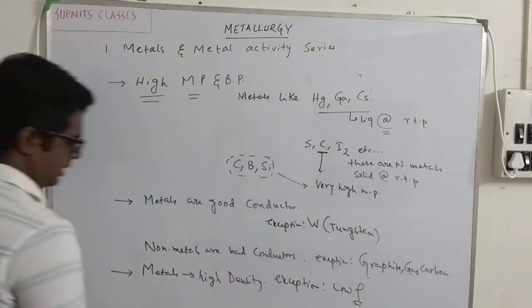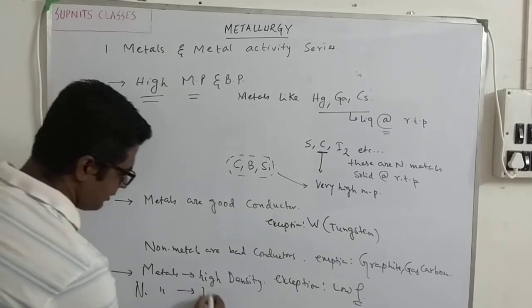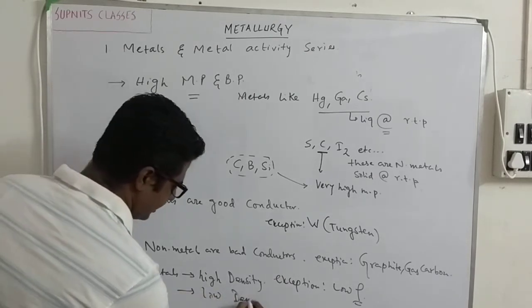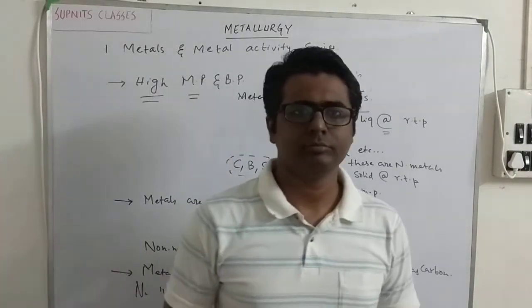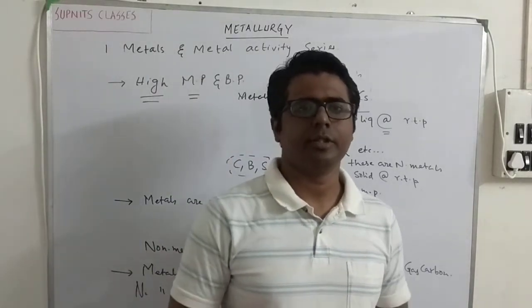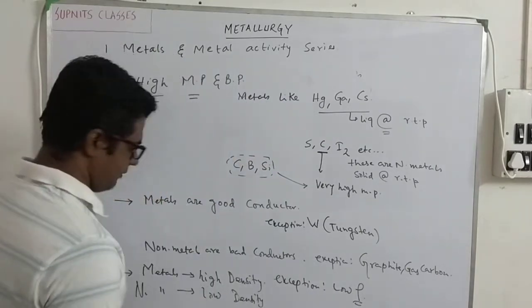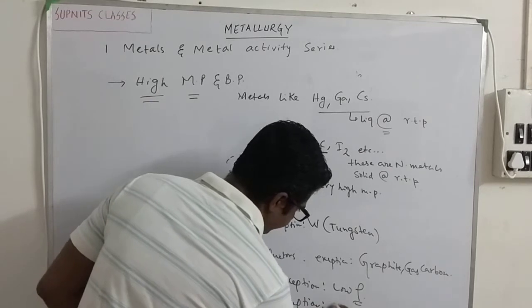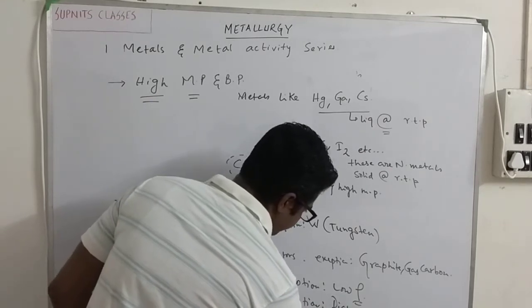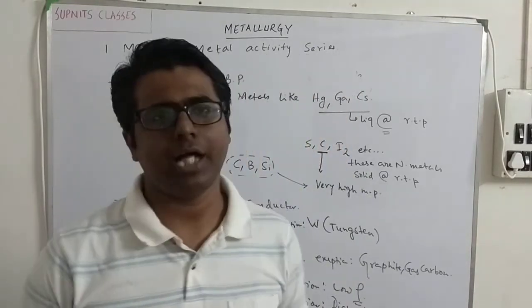And non-metals generally have low density. If we see oxygen, nitrogen, all have low density. But there are some non-metals which have high density. Like, if we go for an exception again, diamond, which is basically an allotrope of carbon, and it has high density.